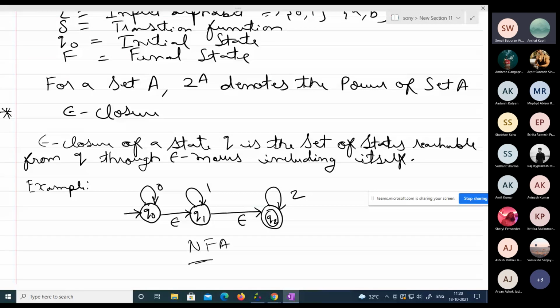Yes, very good, and it also has epsilon moves, Anshul. Yes, and it also has epsilon transitions. Very good, Anshul. So this is your NFA.